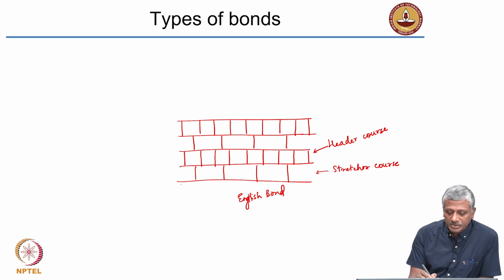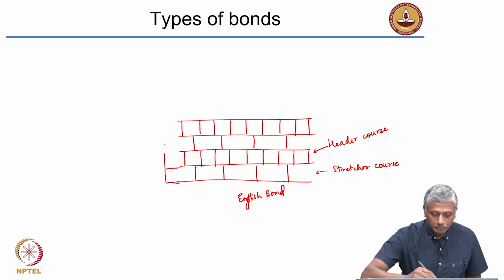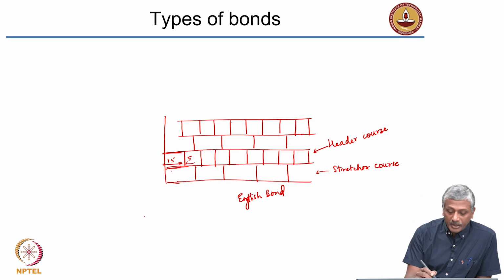Now what if I want to finish this wall here? With this last stretcher I am finishing this wall. Now you have an overlap of 5 centimeters here, that means only 15 is remaining here, right? So how do I arrange that 15?